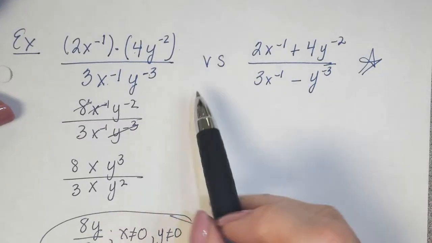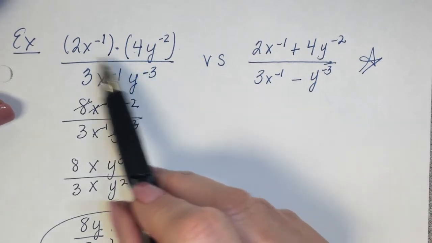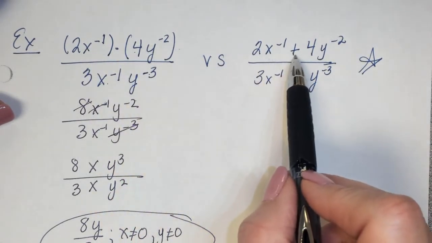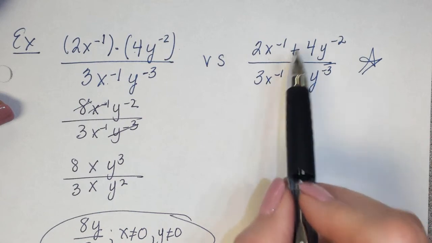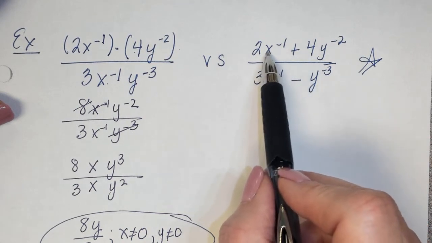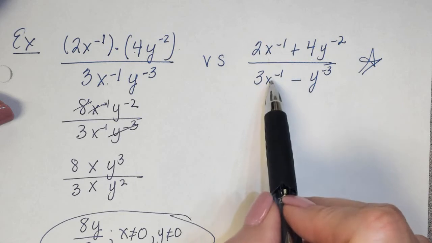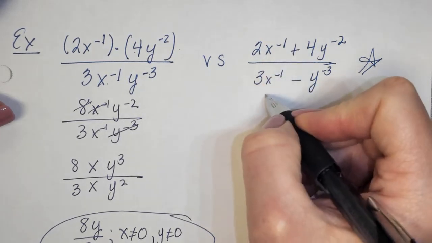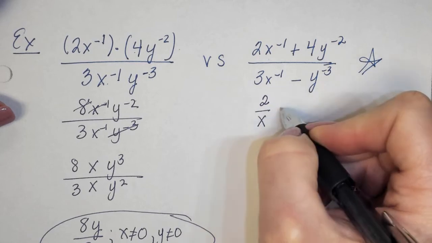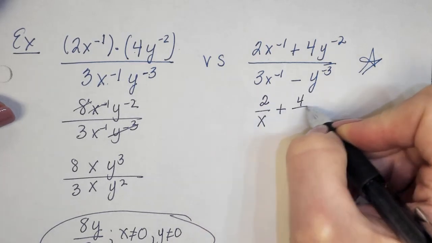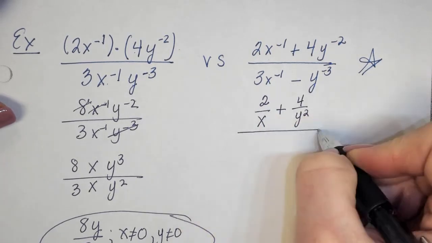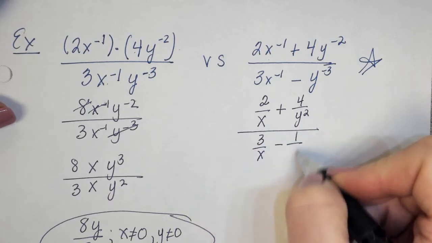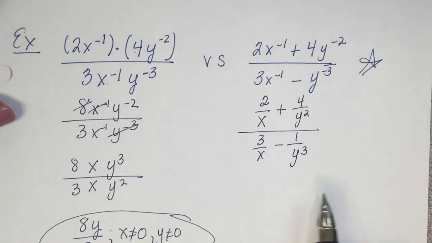All right, now look at the difference here. This was all multiplication. This is not multiplication though, this is addition. Watch this first step. I cannot take this x to the -1 to the denominator here. I have to just write this as 2 over x plus 4 over y squared over 3 over x minus 1 over y cubed.